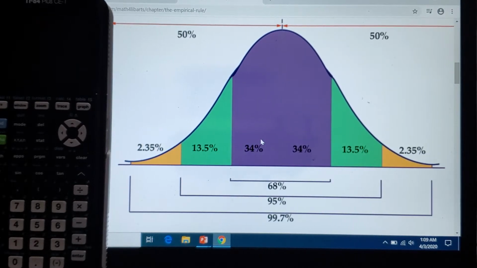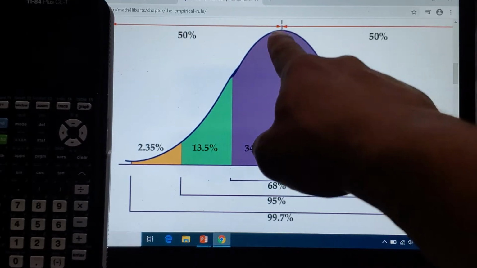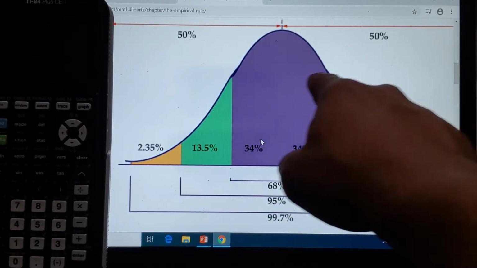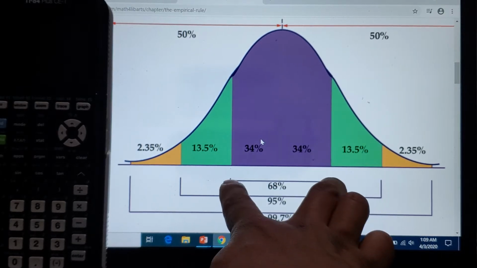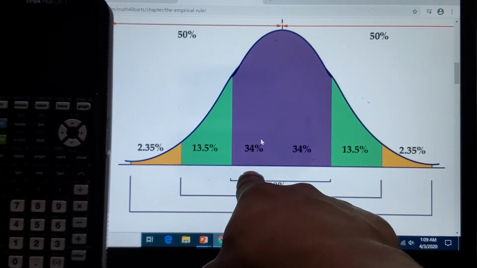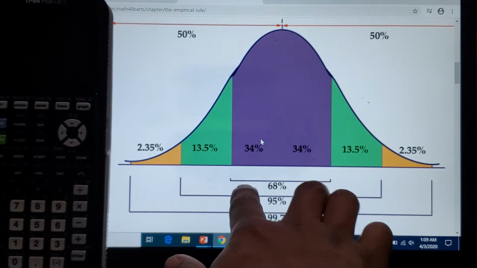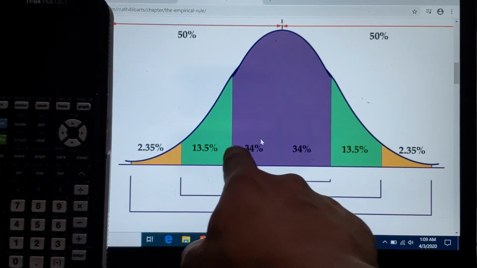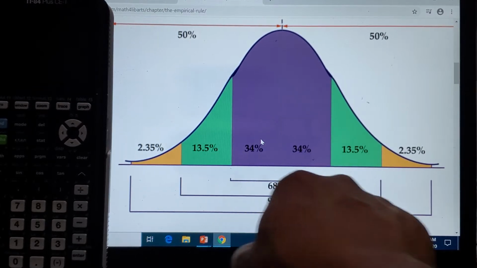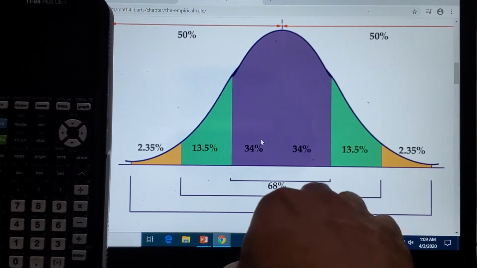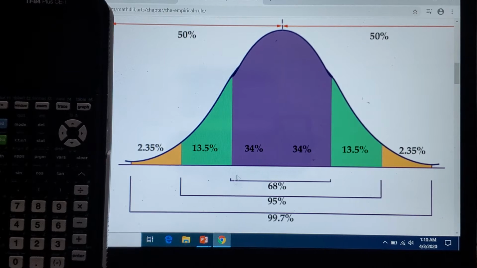So that's just something to keep in mind, that it's symmetric. But if you're just talking about one standard deviation, this is 34, this is 34. If you're talking about 2 standard deviations, you add 13.5 to this 34, you add 13.5 to this 34, and so on and so forth.